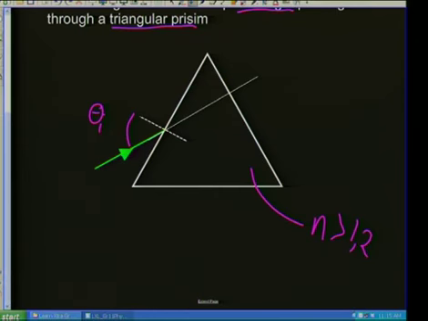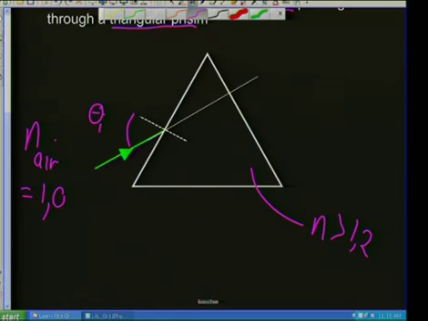So what we recognize here is this is the refractive index of air, and we know that is 1.0, and we're going to assume that the refractive index is greater than 1.2. Just bigger than air. Let's make sure that it is bigger. So when it's bigger, it's more optically dense. We know it's going to bend towards the normal.